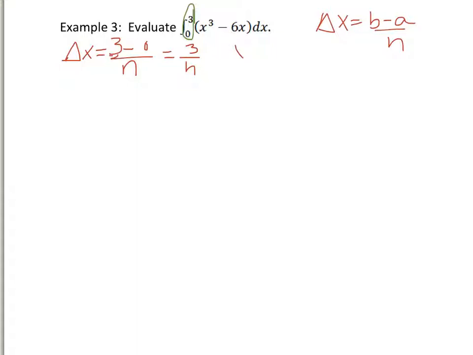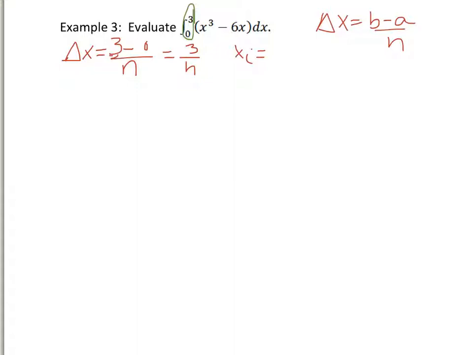And then we also need to find our xi, because if you notice in our definition for an integral as the limit of a Riemann sum, there's always an xi. Well, xi is your x as it changes in the Riemann sum. I can try and explain all of this to you, but I'm going to do that in class.